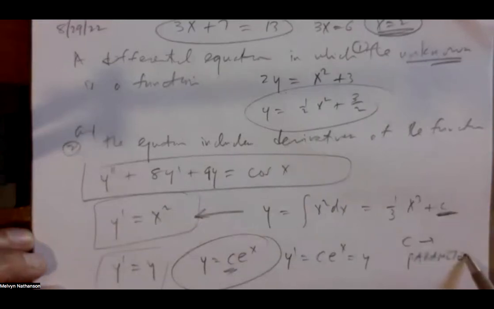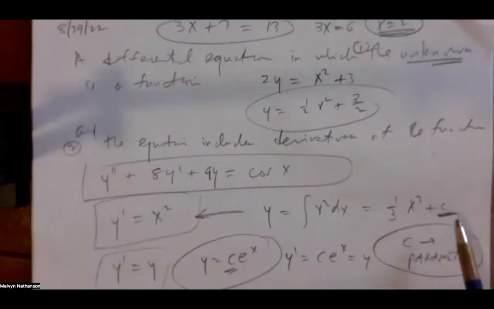Parameter is just another name for a number. And because there's one parameter in each of these solutions, each of these is called a one parameter family of solutions of the differential equation. And you can prove that for any value of c, you get a solution. And conversely, we'll also prove that every solution is of this form for some value of c.